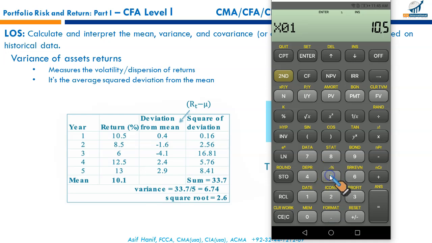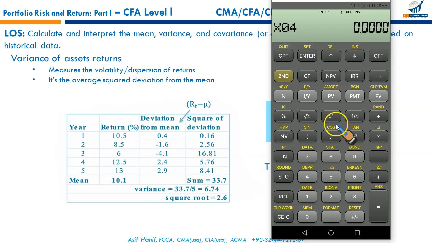Press enter and press the down arrow key twice because we're just dealing with X, not Y. Then enter 8.5. Press enter, press the down arrow key twice. Then enter the next value, that is 6. Enter, down arrow key twice.